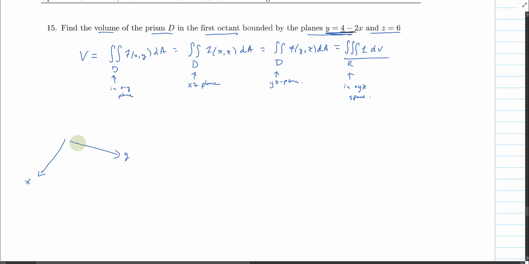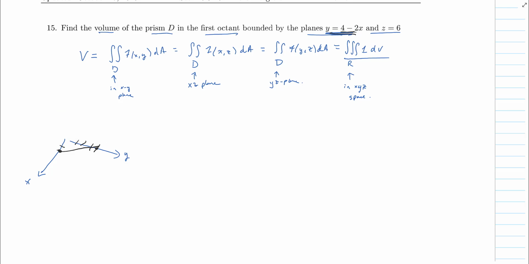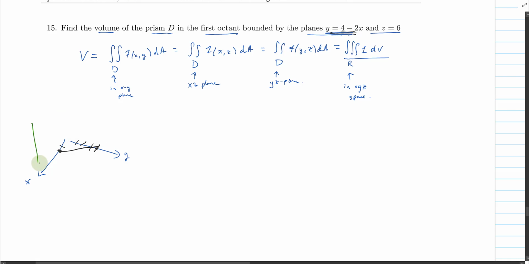When x is 0, we go up 4 units in the y direction, and there's an x-intercept at 2, so here is a line connecting those 2 points. That's the line, and the plane, which I'll sketch in green, encompasses that line. So this is the plane y equals 4 minus 2x.